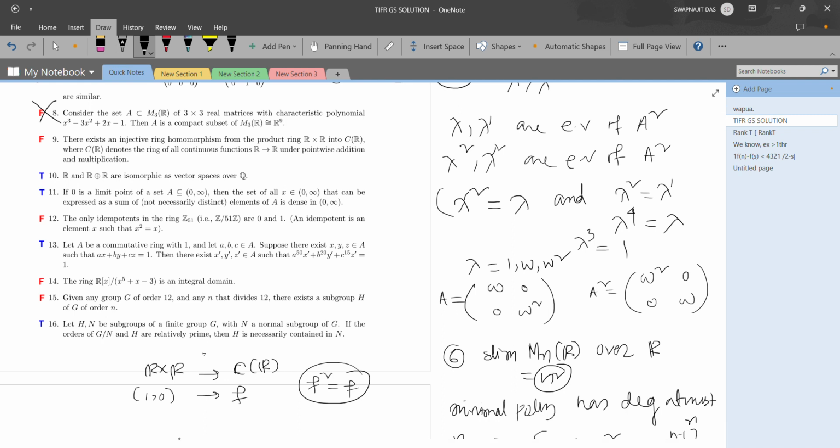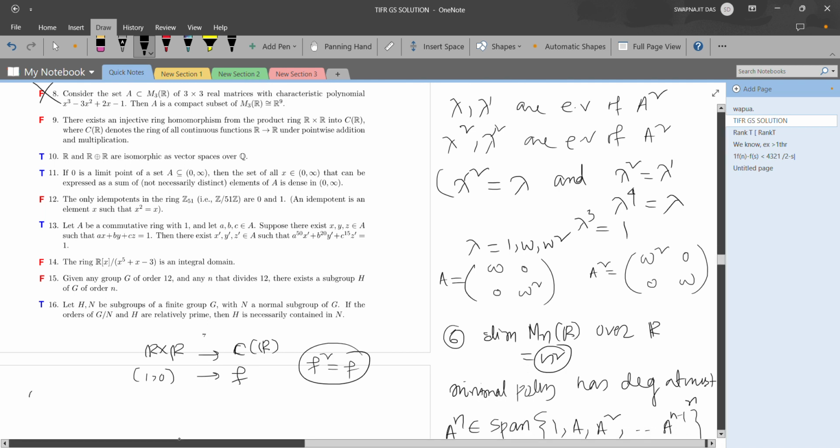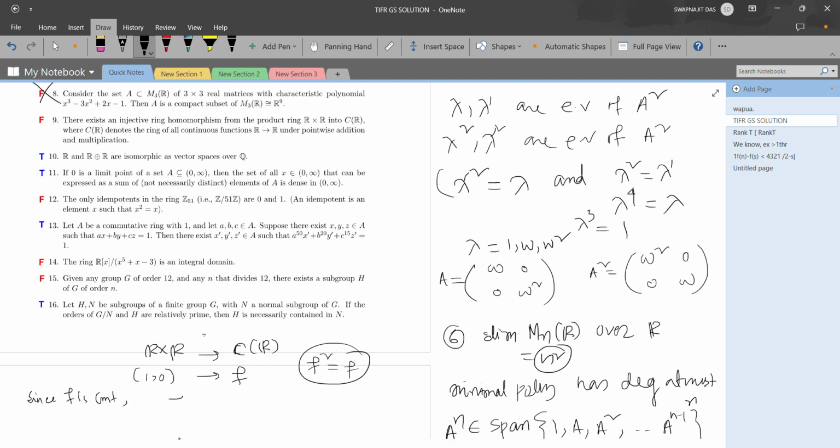That must go to some f, where f square equals f, right? And since f is continuous, f equals 0 or f is identically 1, because f is continuous and f square equals f.